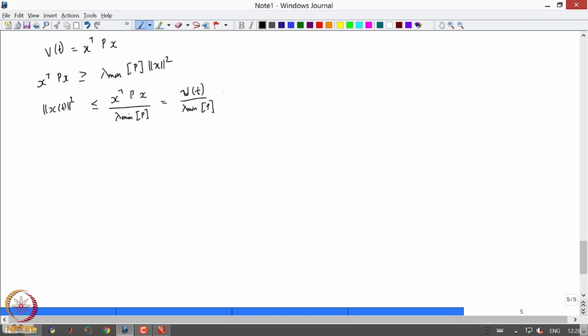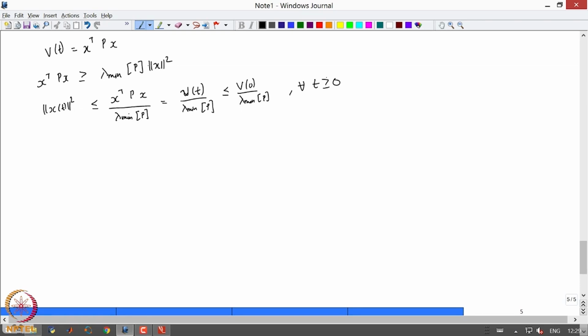This is less than or equal to V of 0 because V is a non-increasing function as proved in the previous steps. And this is valid for all times t greater than or equal to 0.